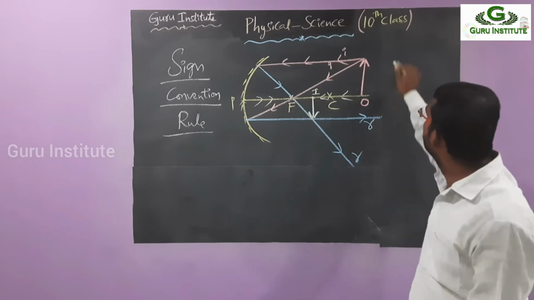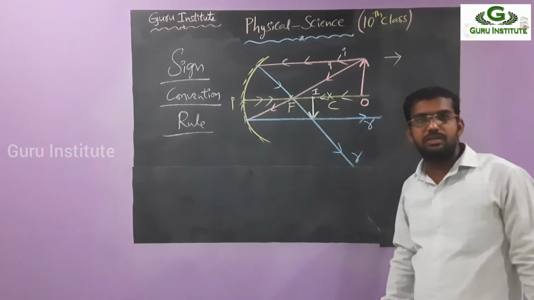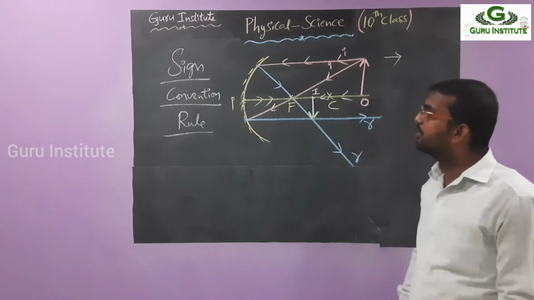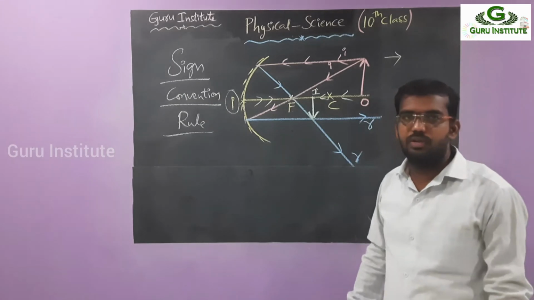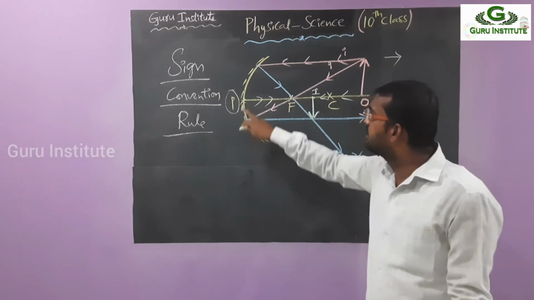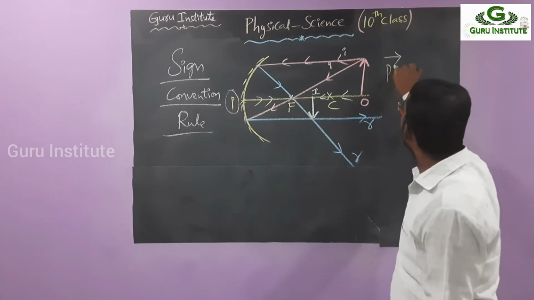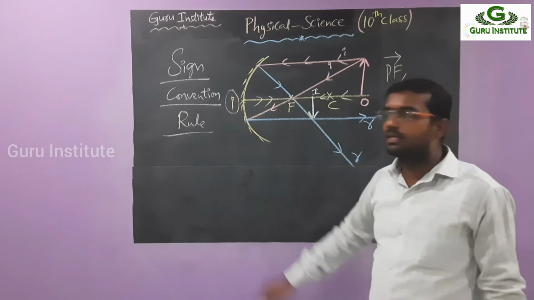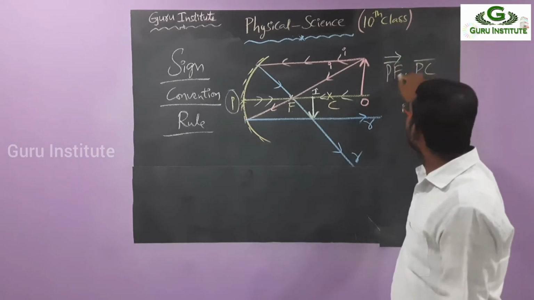The first rule is that all measurements are done from the pole only. If you have to measure anything, what are the measurements? PF, the focal length, P to F, and the other measurement is PC.